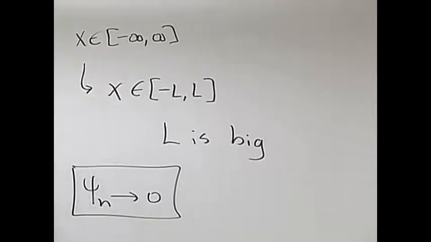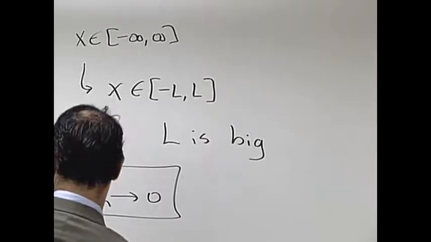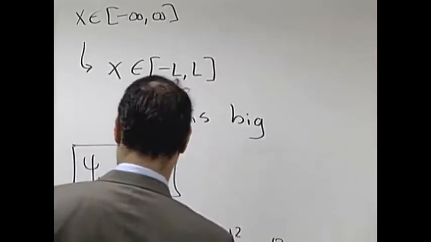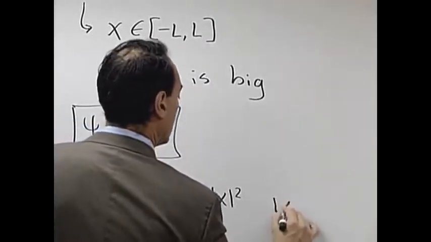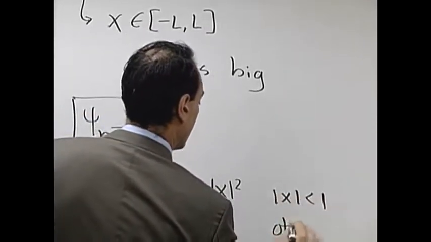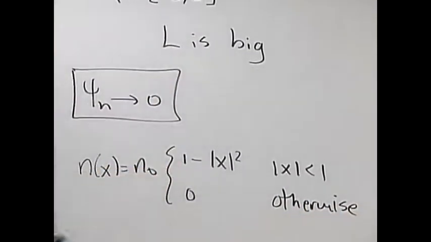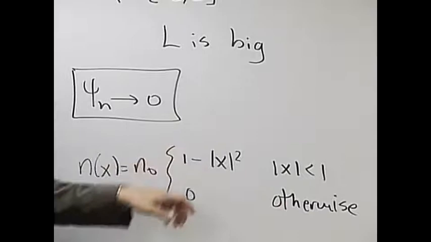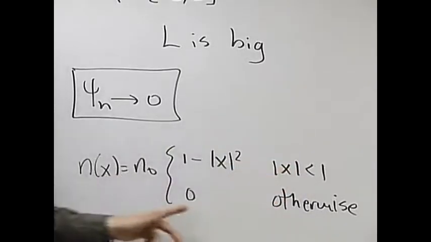And in fact, what I'm going to do is I'm going to even look at n of x here to be a very specific form. So it's like a little upside down parabola when x is less than 1, and 0 otherwise.